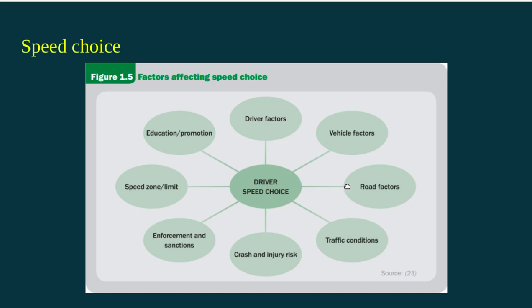Road factors: if the road is very well built and does not have any pits or ditches, then it is obvious to have a larger speed compared to a bad road. Traffic conditions, crash and injury risk, enforcement and sanctions, speed zone or limit, education or promotion.